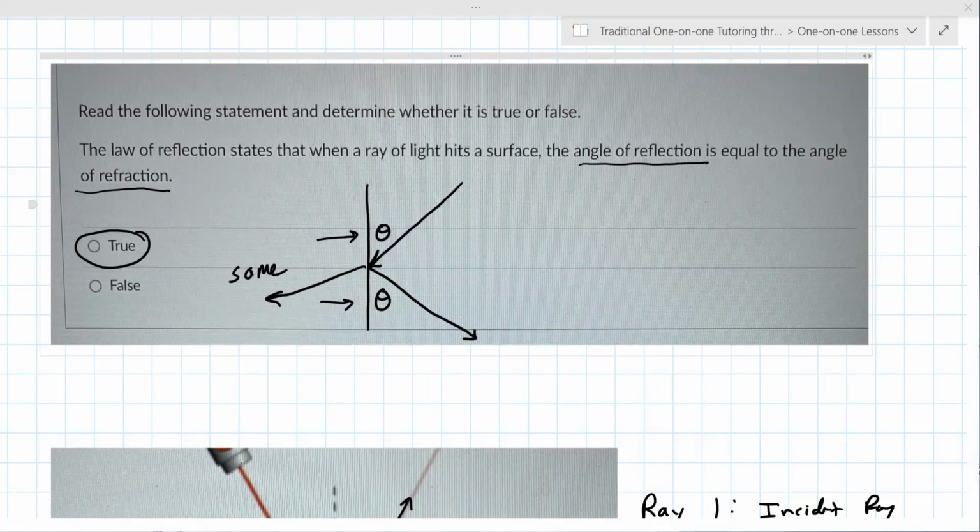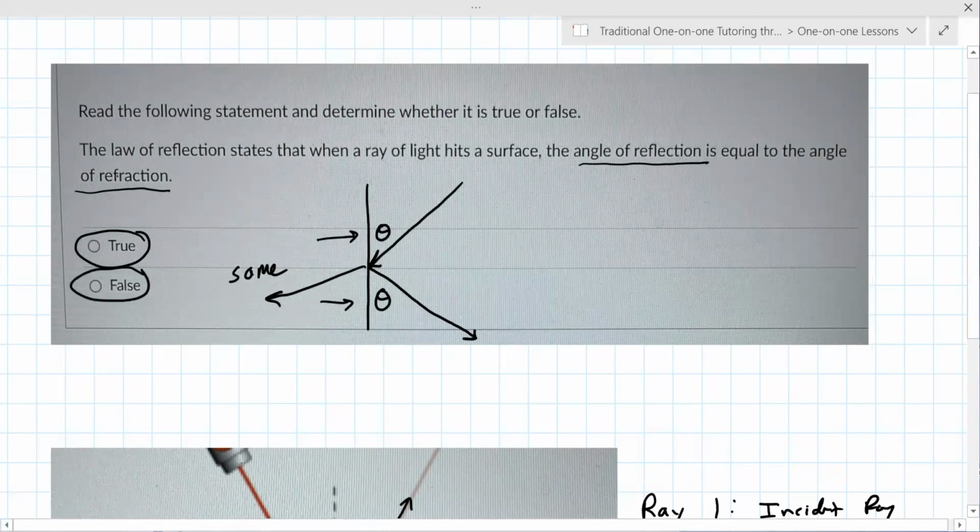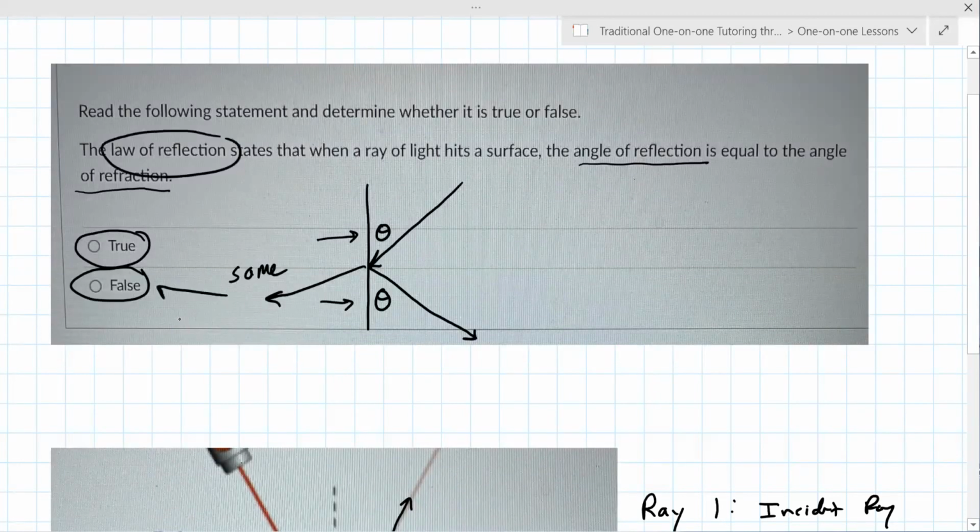Law of reflection. Yeah, I guess I would go false here now that I'm looking at it again, because it's supposed to be the incidence and the reflection that are equal, not the incidence and the refraction. So I would probably change that. Okay.